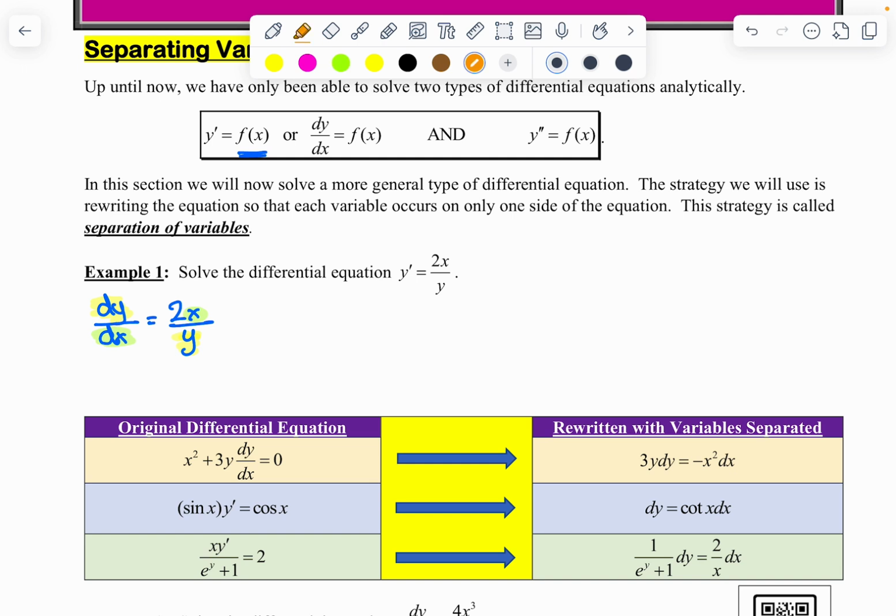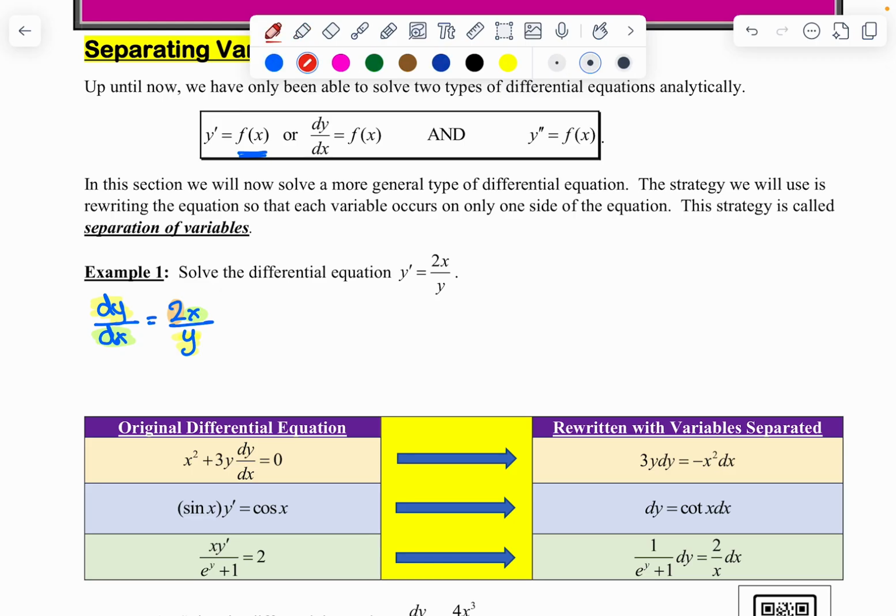Constants, or coefficients, it doesn't really matter which side they go to. They can stay with the x or they can move over to the y side. It doesn't really matter.